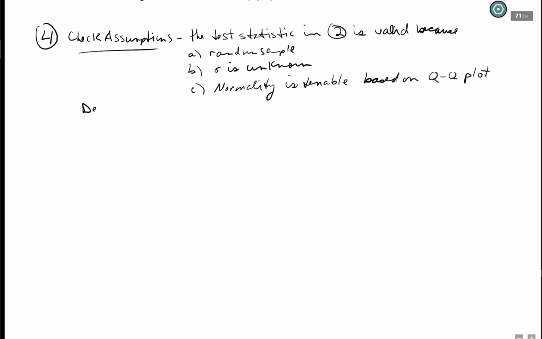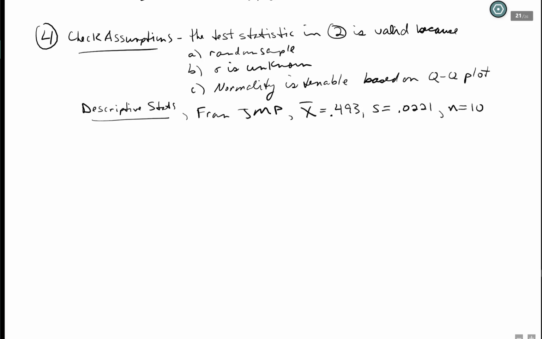Next step, descriptive statistics. We didn't do this by hand, but from JMP we had x bar equal to 0.493, s equal to 0.0221, and of course the sample size was 10. Now let's compute the actual test statistic.